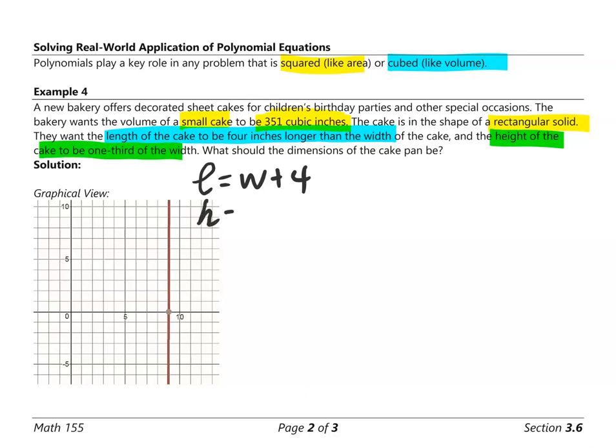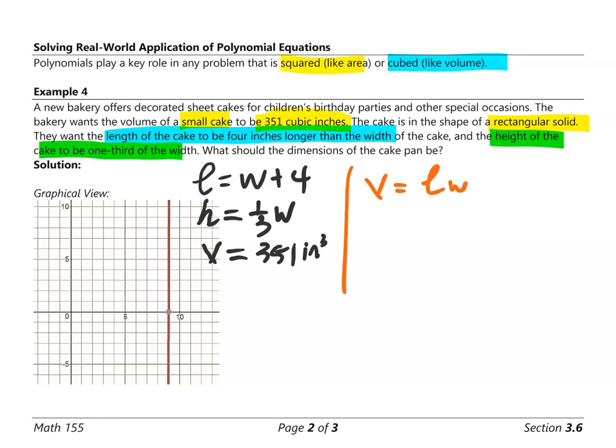So we could say that height is 1/3 of the width. And the volume, we know that the volume is 351 cubic inches. Alright. We know that the volume is equal to length times width times the height.